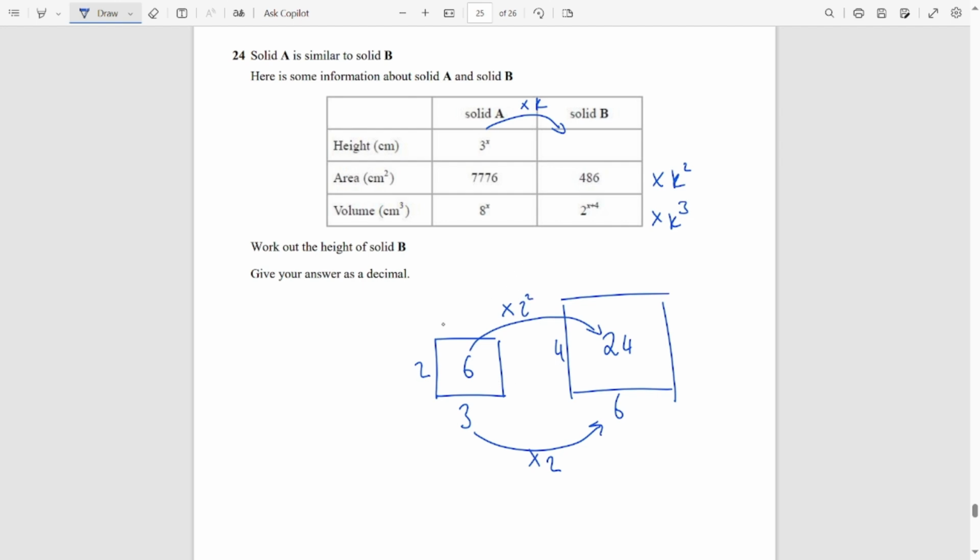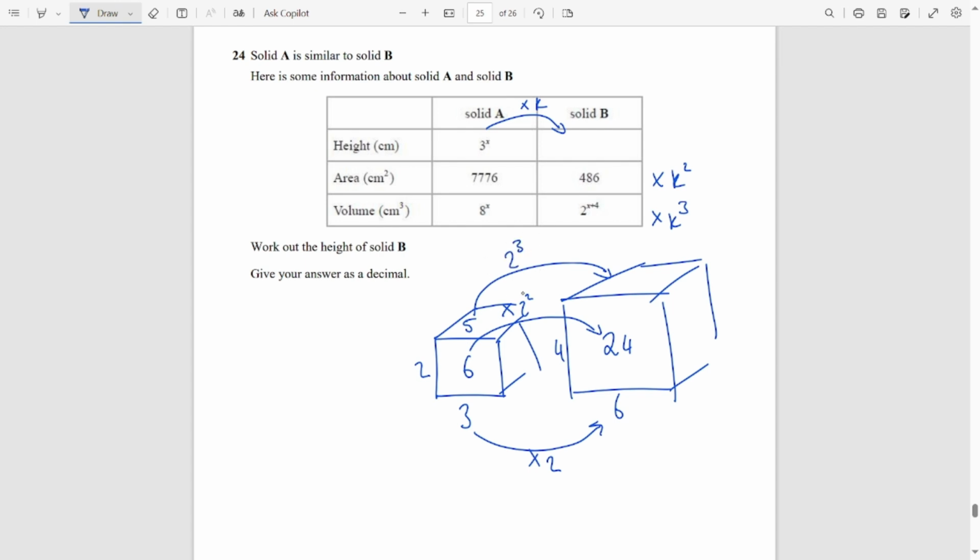Now we could extend that again if we are given some volume. Let's say I tell you that the volume of this cube is 5, for instance. Then because the conversion factor between the length is 2, the conversion factor between the area is 2 squared. The conversion factor between volume is going to be 2 cubed.